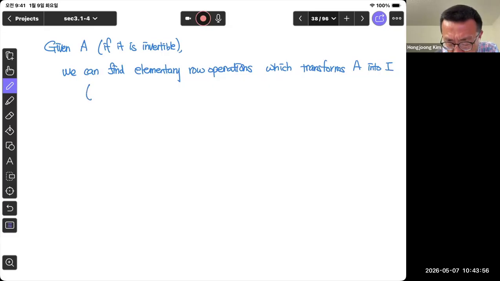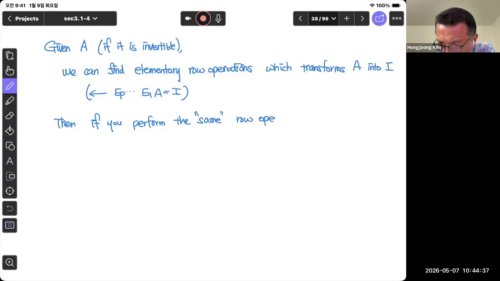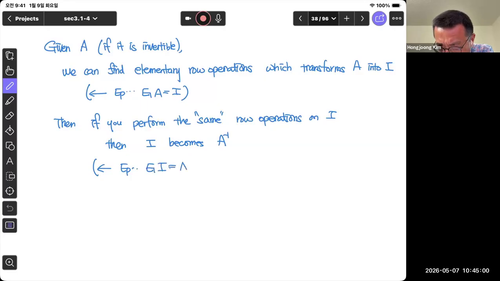That is the meaning of this expression. Then, if you perform the same row operations on the identity matrix, the identity becomes the inverse of A. That is the meaning of EP up to E1 multiplied to the identity will become the inverse of A.